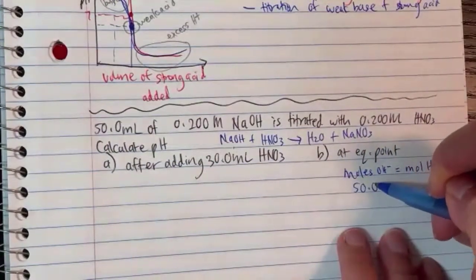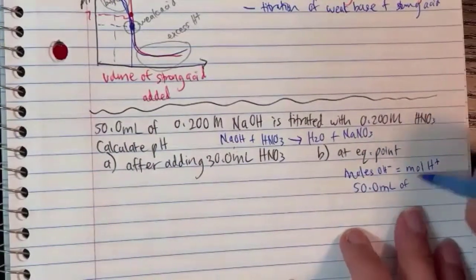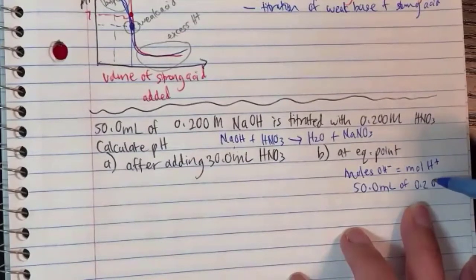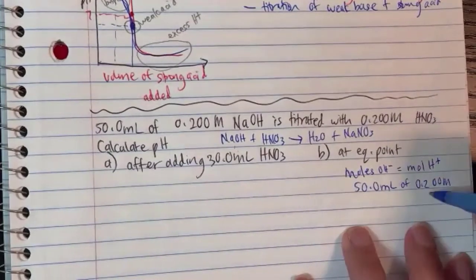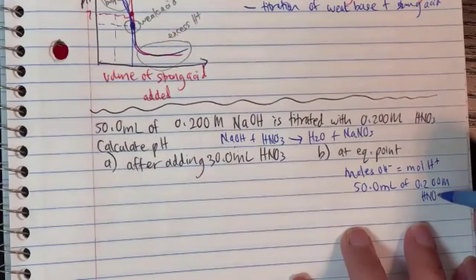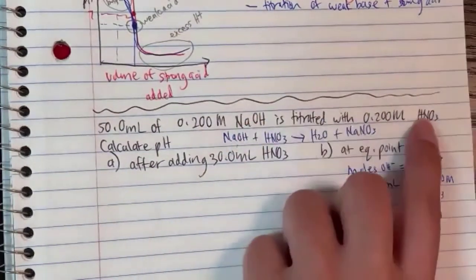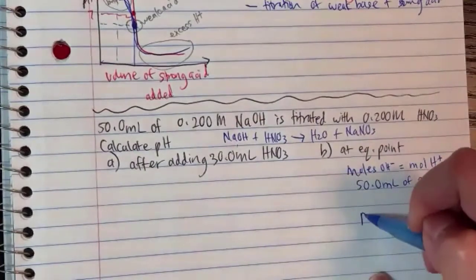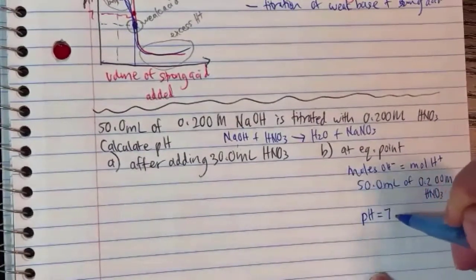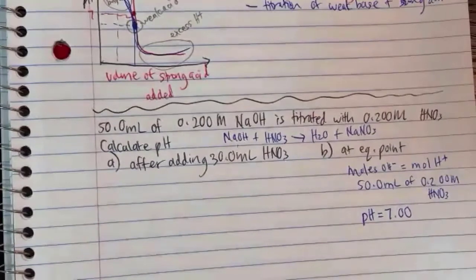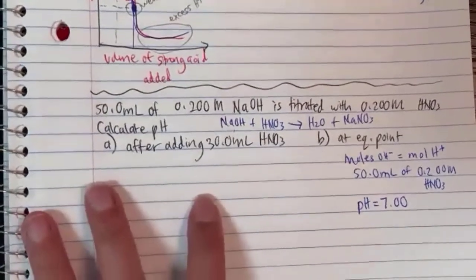We know 50 mils of 0.2 molarity HNO3 will give you the equivalence point. Now, because this is a strong acid and a strong base, the pH at the equivalence point is going to be 7. You don't really have to calculate that, right? Because it's going to be 7, assuming this is all at room temperature, okay?